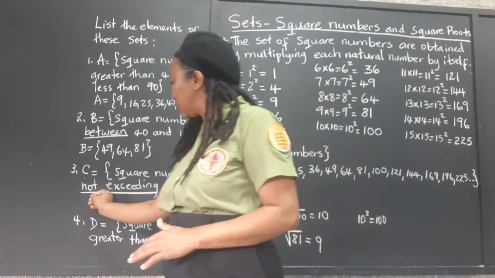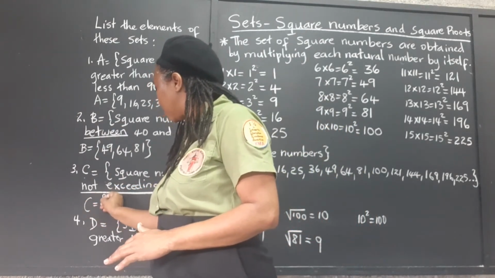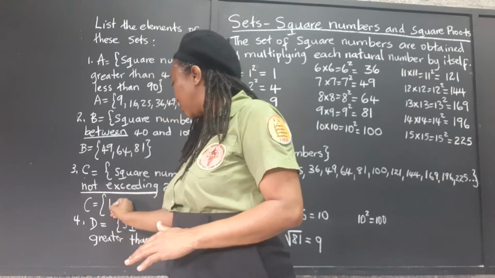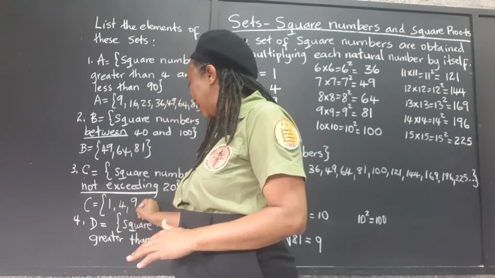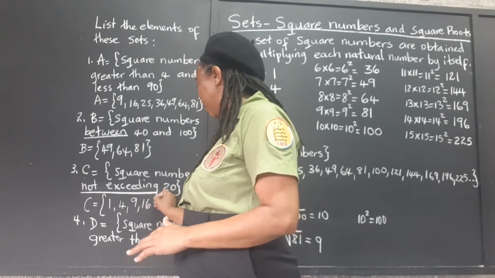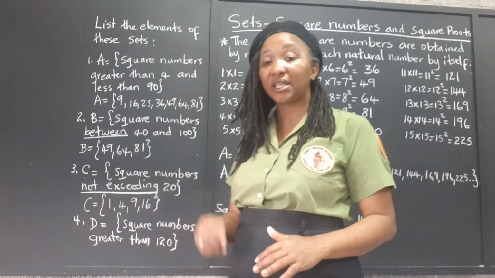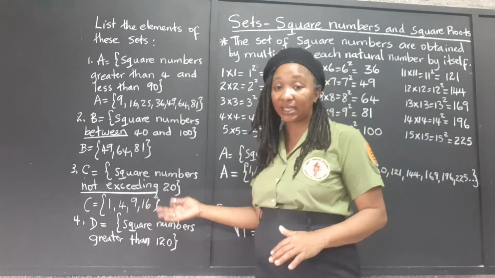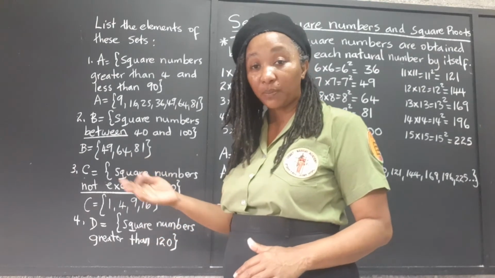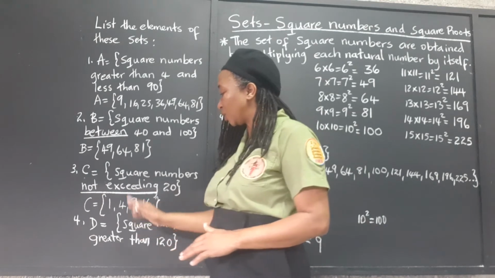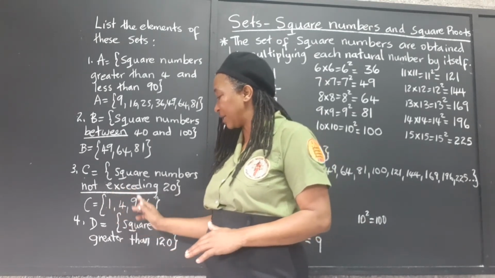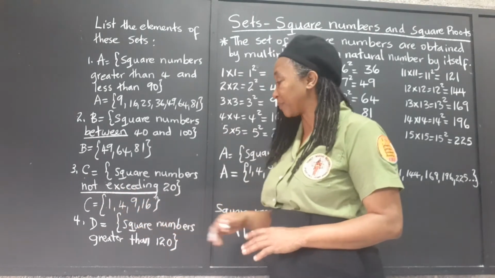That would be 1, 4, 9, and 16. Because after 16 is 25 and that exceeds 20. We want to keep it below 20, right? Not exceeding 20. So it's 1, 4, 9, and 16.